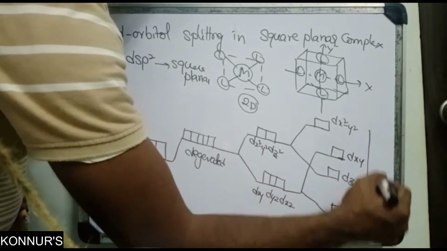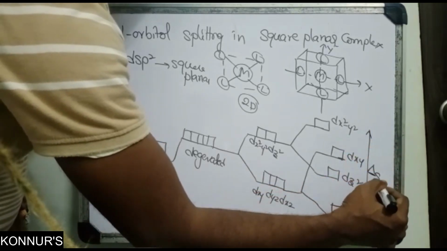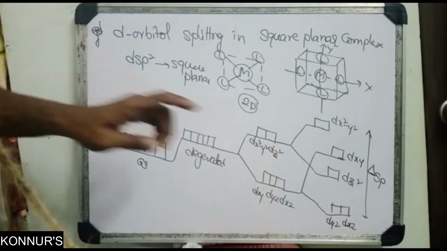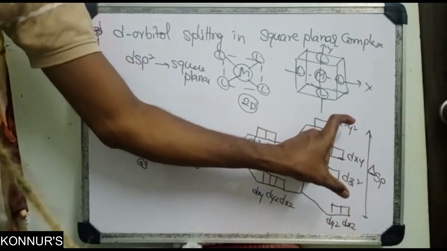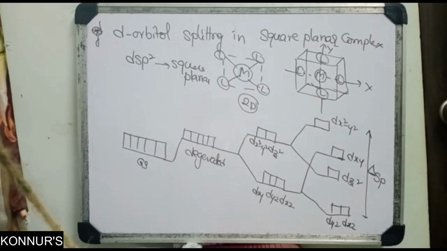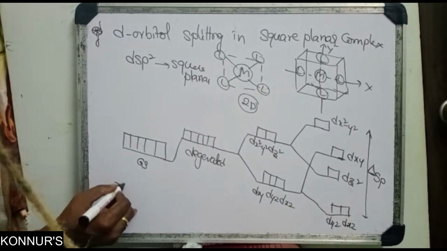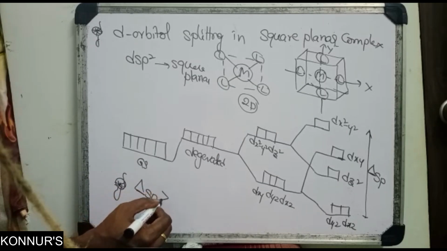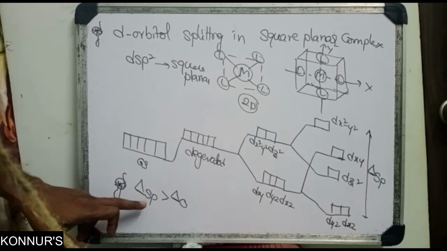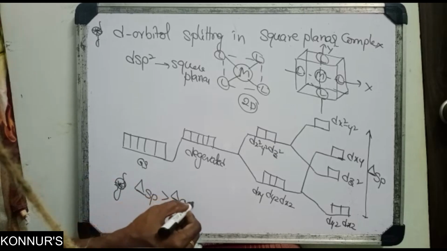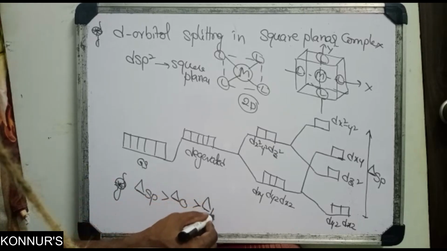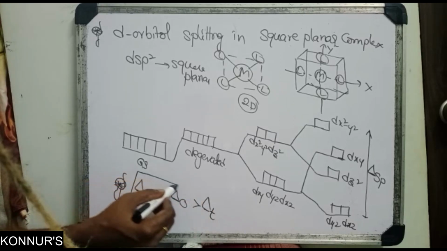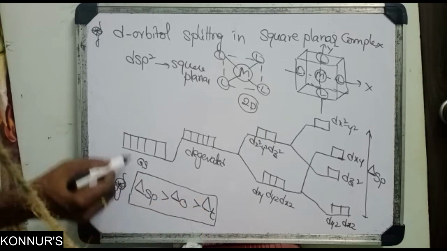This total splitting you call delta sp, the square planar splitting energy. The important point is that this value is higher than octahedral. Square planar is higher than octahedral, and it is higher than tetrahedral. This logic is important in your entrance exam.